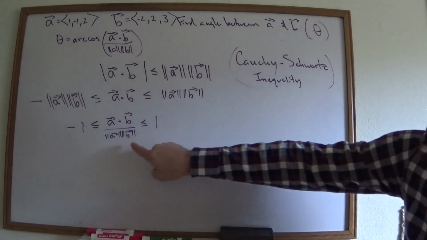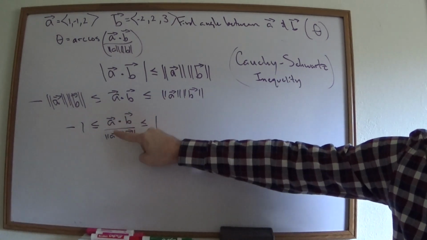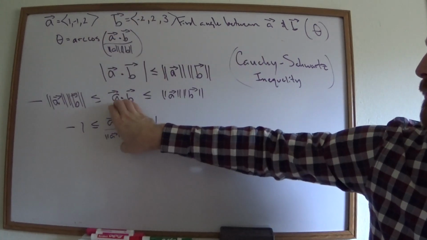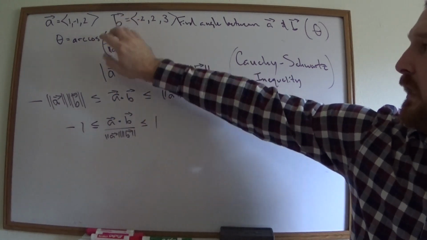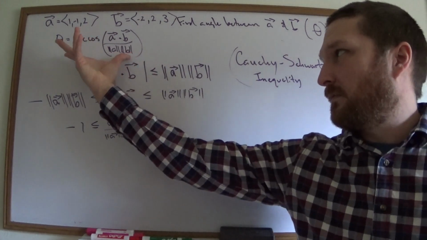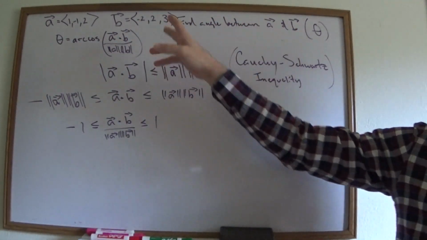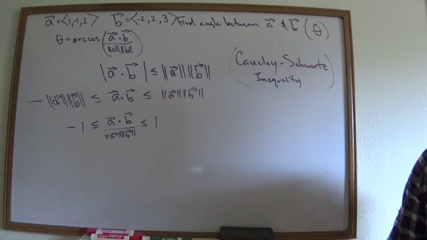And therefore, no matter what two vectors you took, you plug it in there, you will always have a number between -1 and 1. And you could plug it in, and it's always defined. And since this is so simple to use, I'm going to suggest that anytime you're trying to find an angle between two vectors, always use this guy. Thanks to the Cauchy-Schwarz inequality.